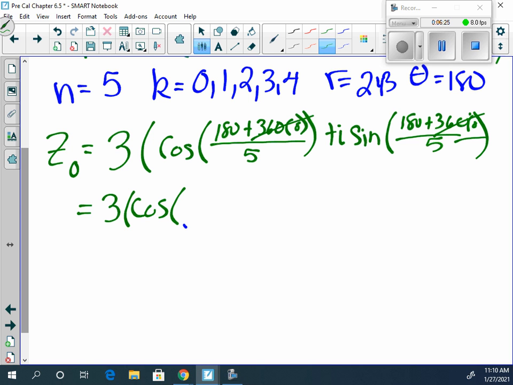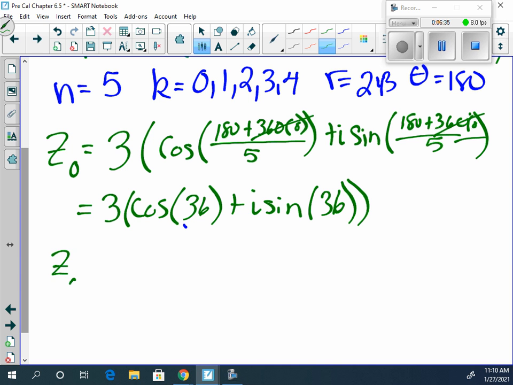Cosine of 36. So if we look at z naught, I would just go on and type it in as 3 times cosine of 36 and 3 times sine of 36.